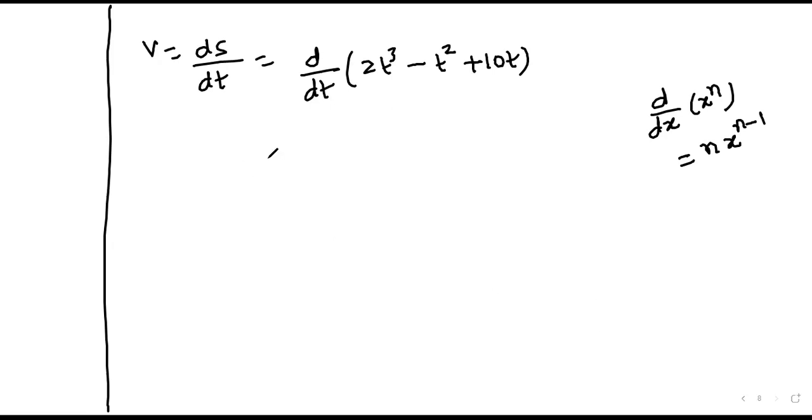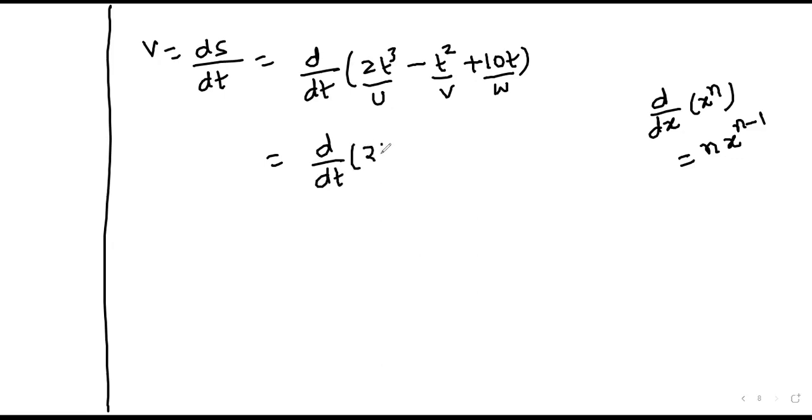Here, firstly, I'll consider this as u, this as v, this as w. Three functions are there. Whenever we have three functions, what do we do?